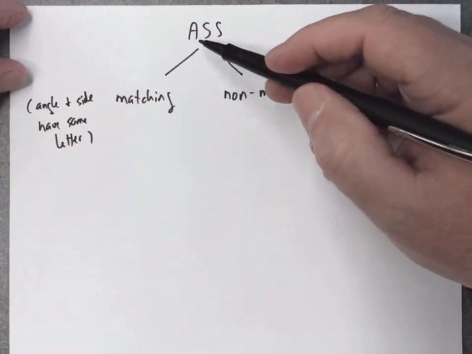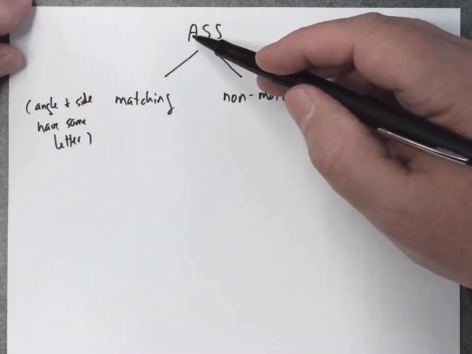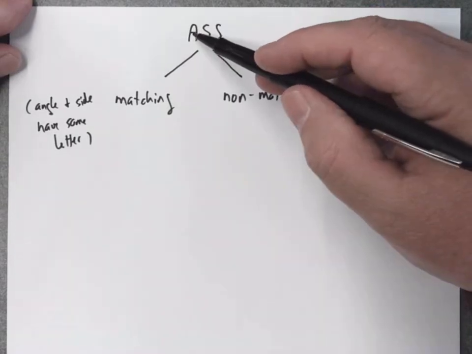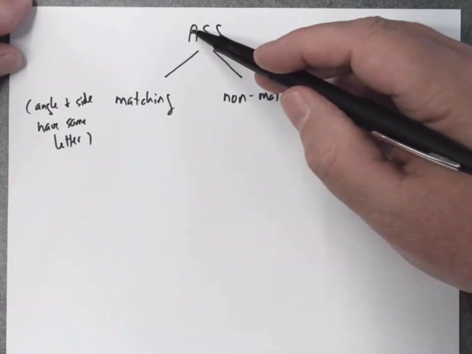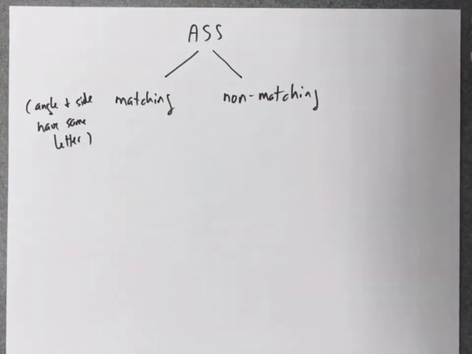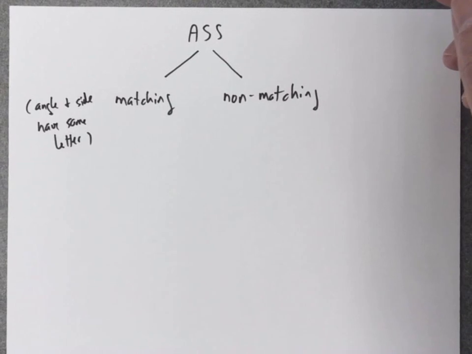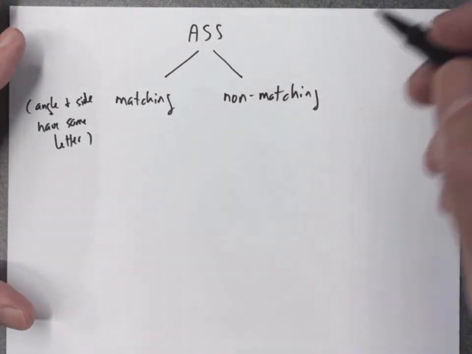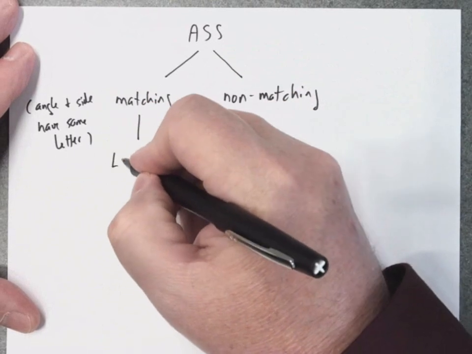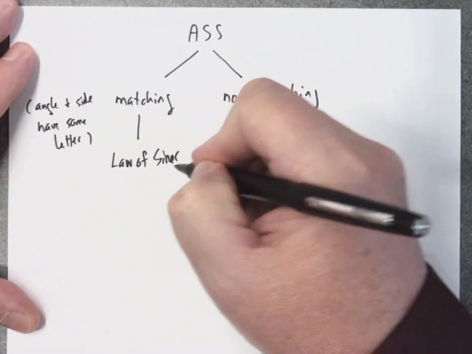In other words, you might have angle A and side A, or angle B and side B. Whatever your angle is, you also will know the side opposite that angle. I like to think of it as matching because it's so easy to remember. And just so you know, in a minute we're going to see if we have matching, then we need to use the law of sines.